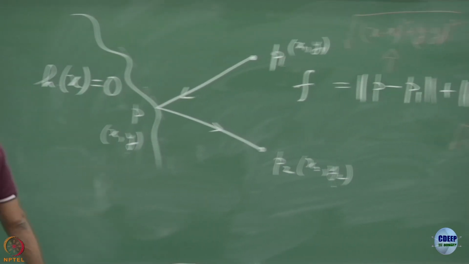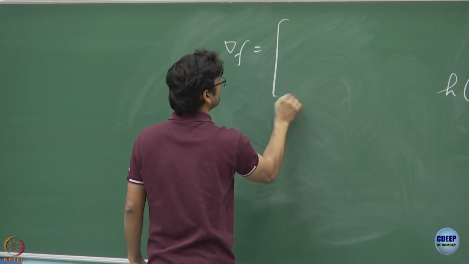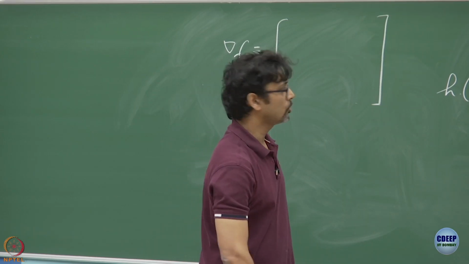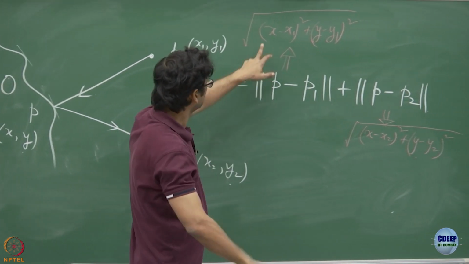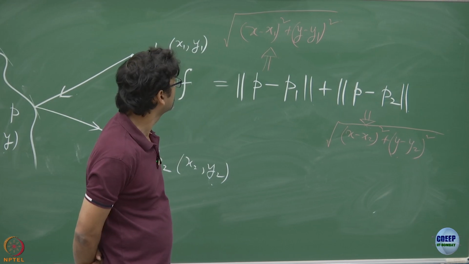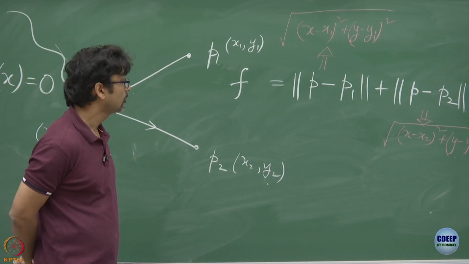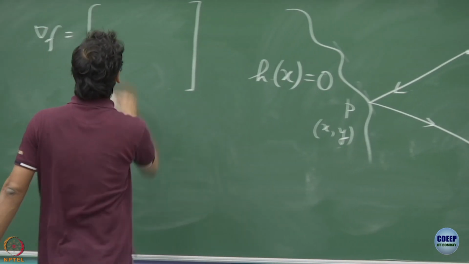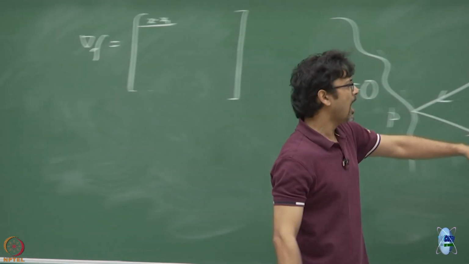So where do I write this? Okay. So what is it going to be? And what about the other one? What about the denominator? I mean, sorry, not the denominator, the second term. So you have x minus x1 by, I might as well write this, no?